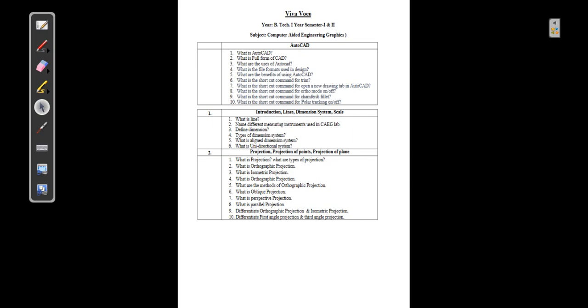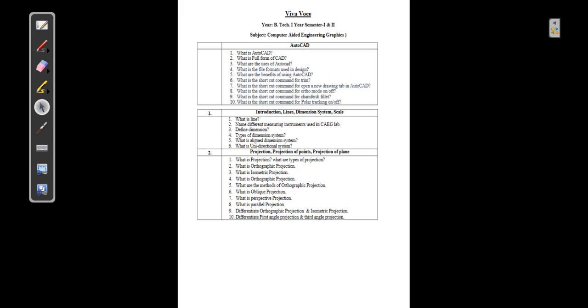So based on AutoCAD, it may start with the software. Basically they start asking about the software and some of the shortcut commands. So what questions can be asked during the viva?